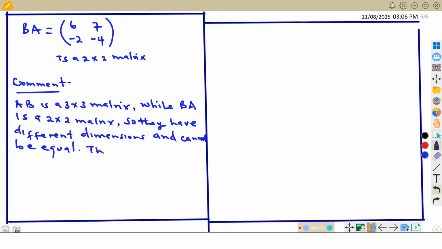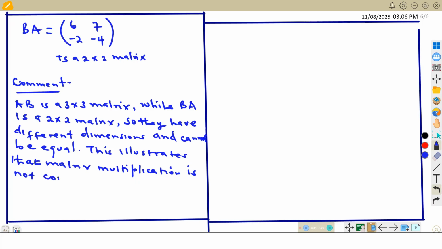So this illustrates that matrix multiplication is actually not commutative.